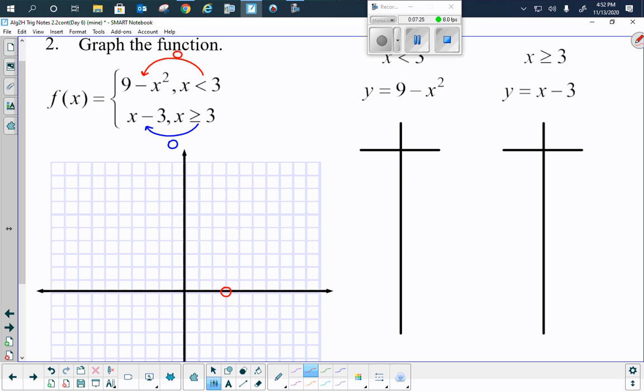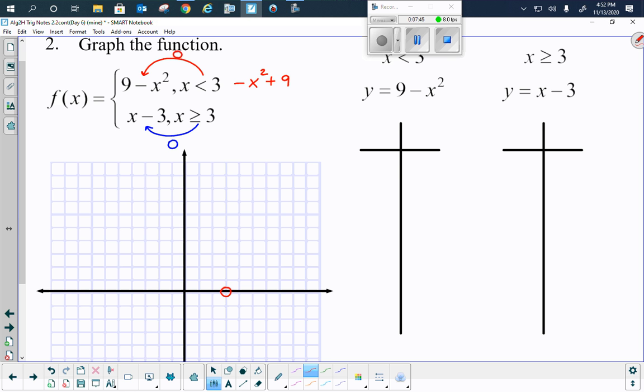Likewise, 9 minus x squared, you really should rewrite that as, for yourself, -x squared plus 9. So I hope you're thinking it's a parabola opening down, shifted up 9.